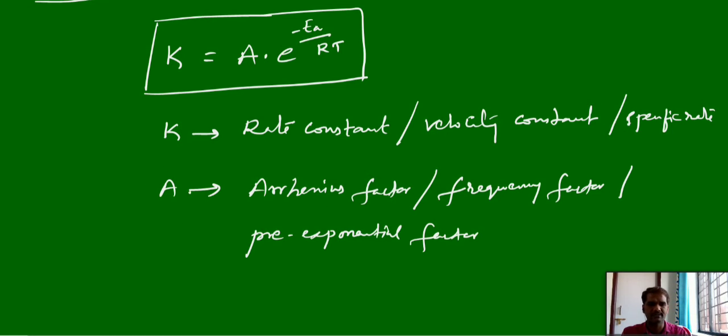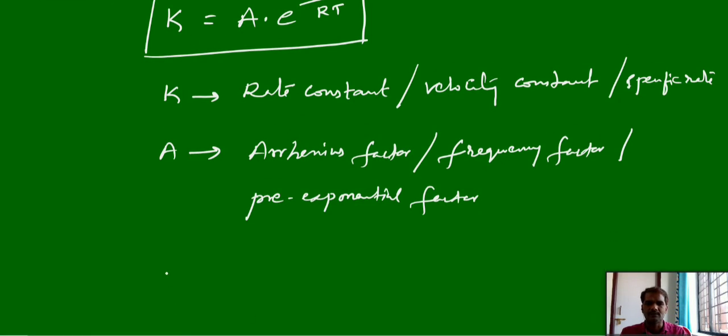So this terminology is also very important. They will ask what A is called in this Arrhenius equation, and what K is called. So remember. Next, e power minus Ea by RT, what is it?